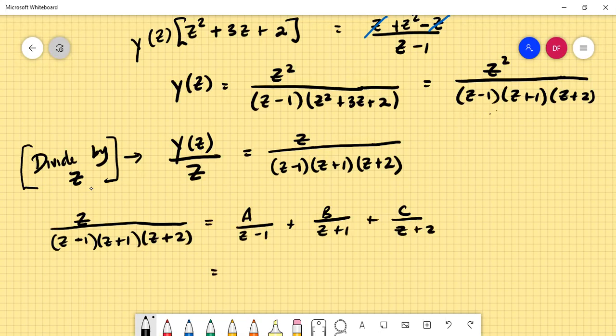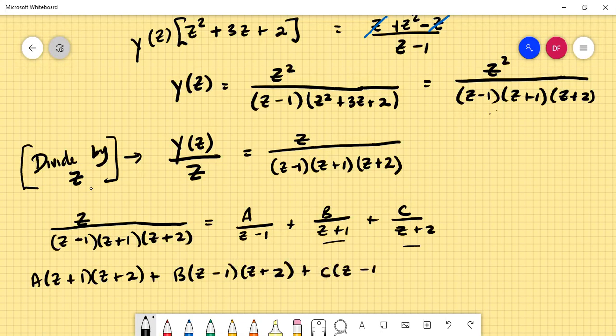When we recombine, it's going to be A times z plus 1, z plus 2, plus B times z minus 1, z plus 2, plus C times z minus 1, z plus 1, is equal to z.